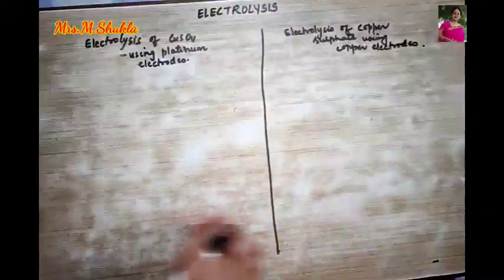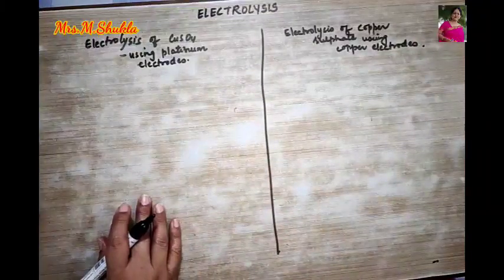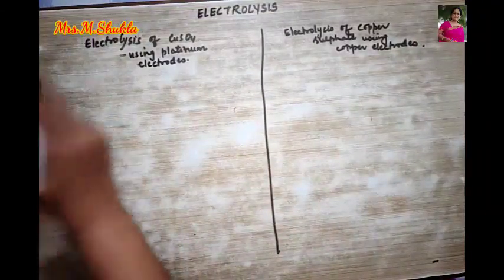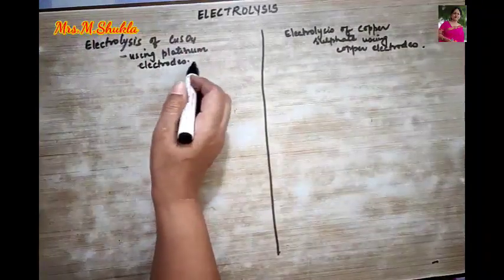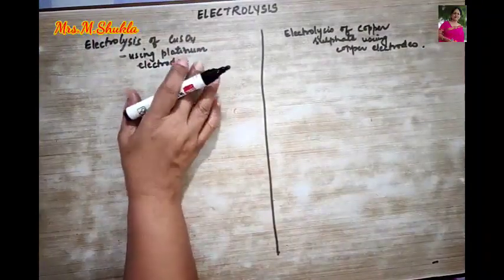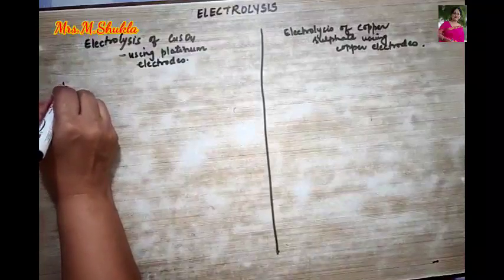So the difference you will easily understand. Let us begin with electrolysis of copper sulfate using platinum electrodes. So what is the electrolyte over here?